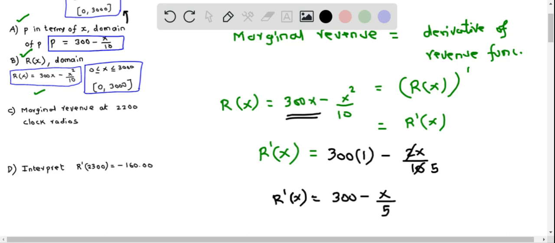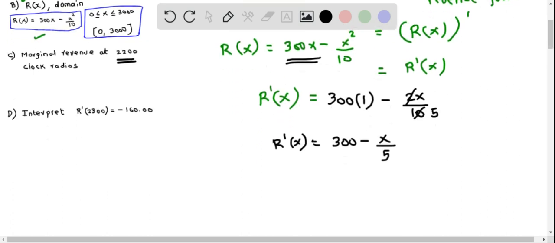And since we want to calculate the marginal revenue at 2200 clock radios, we replace x by 2200. So R prime of 2200 equals 300 minus 2200 over 5.